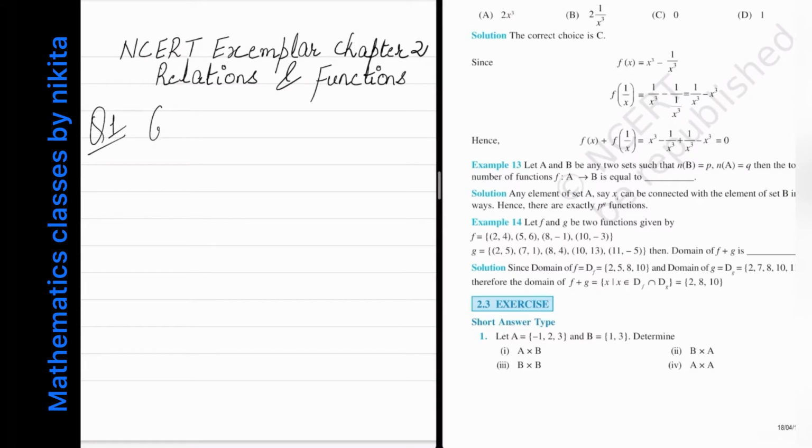Given is that A is equal to {-1, 2, 3} and the set B is equal to {1, 3}.